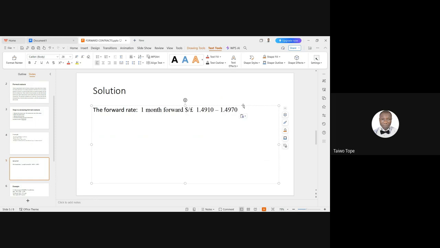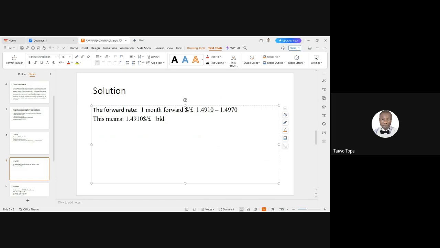And what does this connote? This means that at 1.4910, expressed in this form, this will be the bid price.